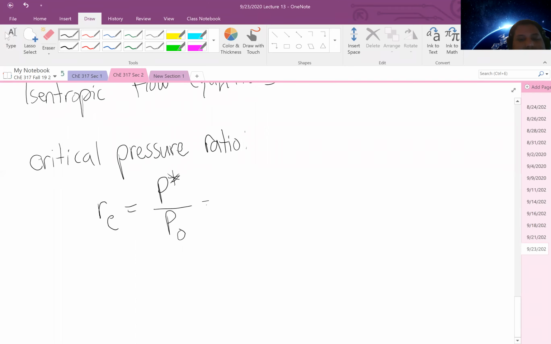And we can solve for it as P star over P naught, which we can substitute based off some expressions for compressible flow as 2 divided by gamma plus 1, to the power of 1 over 1 minus 1 over gamma.